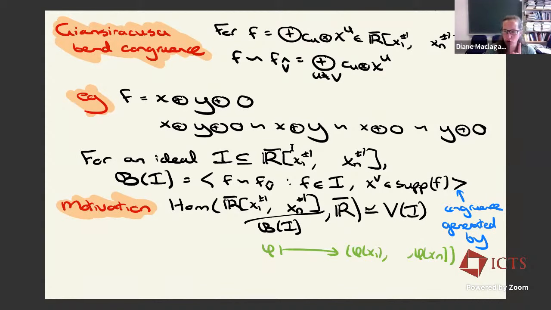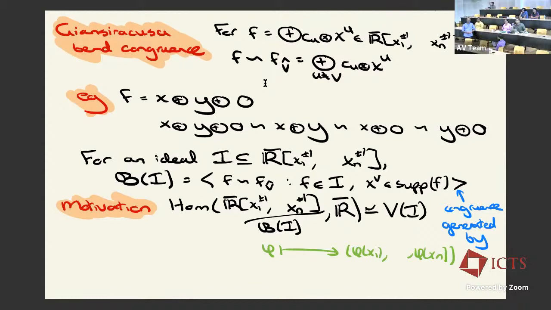So I don't take x plus y and make it congruent to x now. I only remove it from the polynomials in the ideal to start with. So I'll remove one term, but I don't then remove another term and another term and another term. Ah, okay, I see. Thank you.